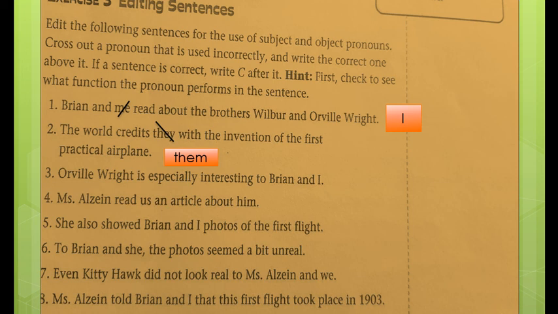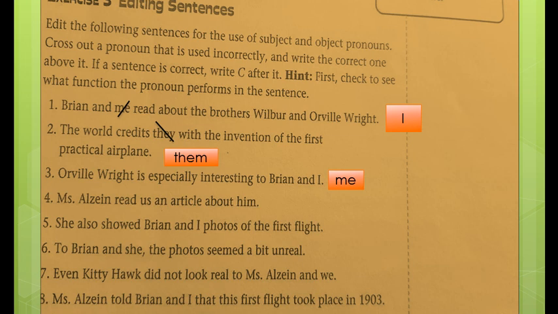Number 3: Orville Wright is especially interesting to Brian and me. Yes, it's me. It's not I. Why? Because I have a prepositional phrase over here.